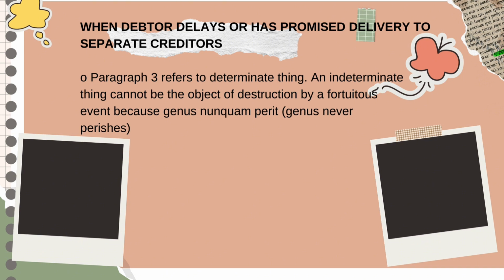It is under 1165 paragraph 1, na binasa ko sa inyo kanina, that when what is to be delivered is determinate, the creditor, in addition to the right granted by this article, may compel the debtor to deliver it immediately. It should be made clear, however, that the law does not mean that the creditor can use force or violence upon the debtor. The creditor must bring the matter to court and the court will be the one to order the delivery.